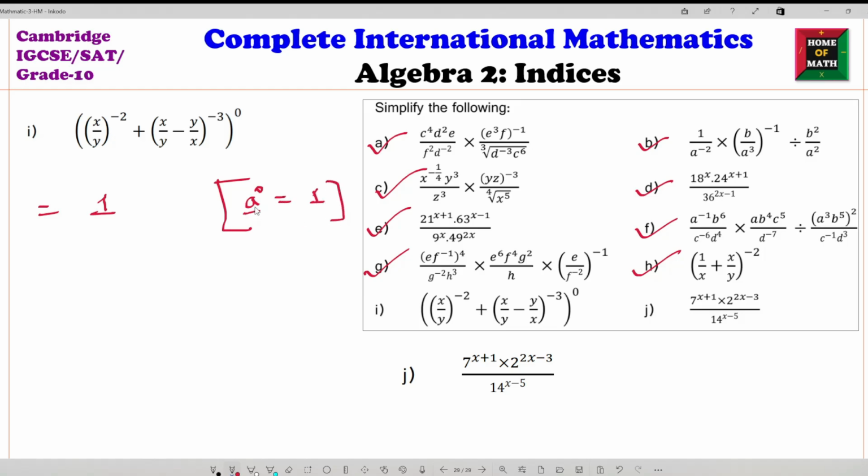So everything inside the bracket is a, so a to the power 0 means 1. No need to do anything. But if here it is 1, 0, or anything else, then we have to continue, but here the answer is only 1. Okay, thank you. Now we will start number J.